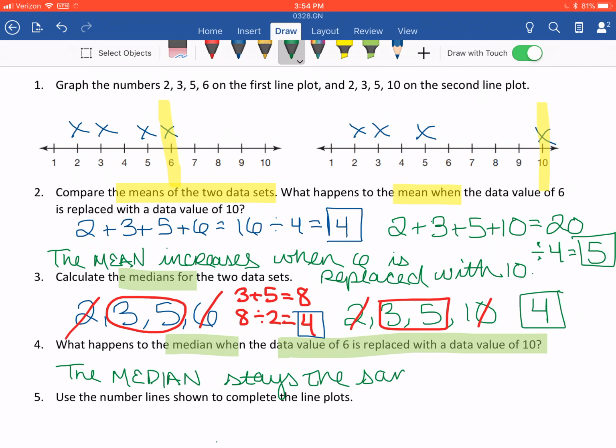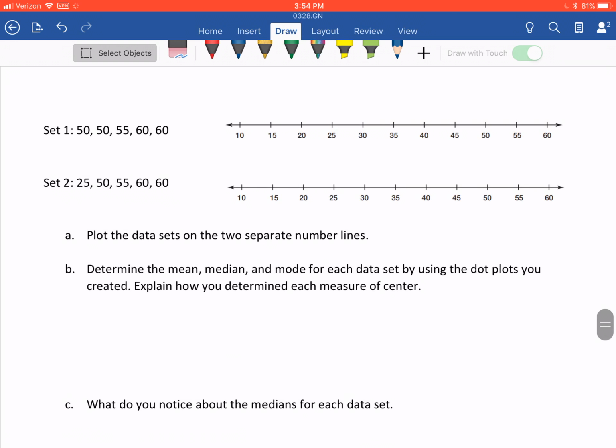Use the number lines to complete the line plots. So I'm going to go ahead and plot each of these things, 50, 50, 55, 60, 60.